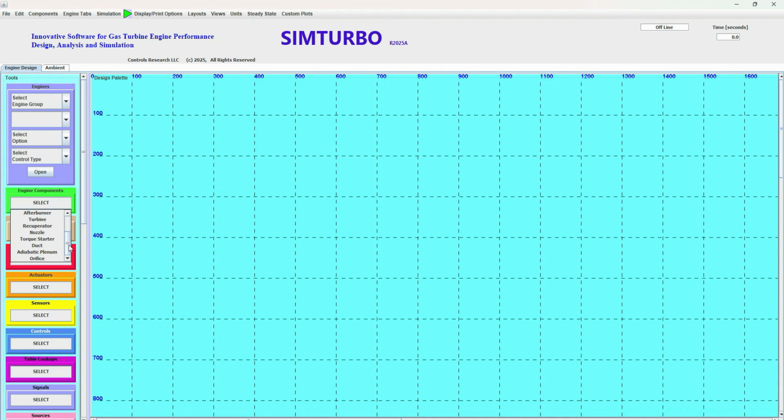The engine components can be selected using the green selection box for components such as the inlet, compressor, combustor, turbine, nozzle, etc. System loads can be selected using the tan selection box. Hydraulic components can be selected using the red selection box. Various actuators can be selected using the orange selection box.